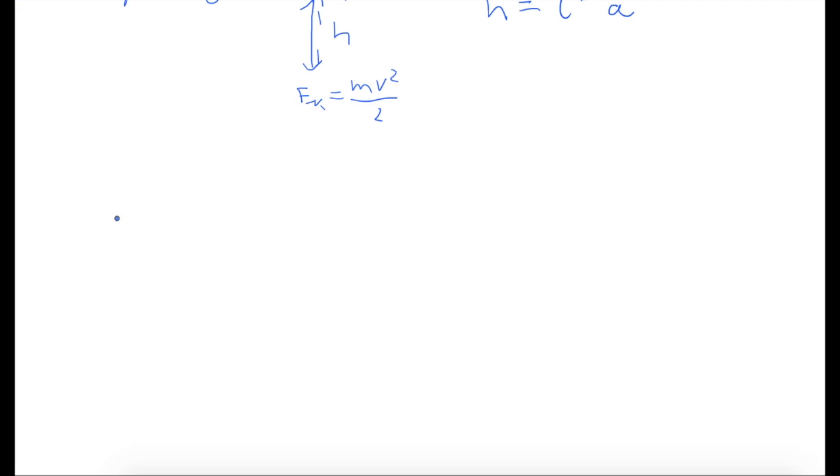So initial speed for two objects, m1 u1 plus m2 u2 is equal to m1 v1 plus m2 v2. So we can use the principle of conservation of momentum to find speed before and after the collision, and you can use then the final speed to find the kinetic energy.